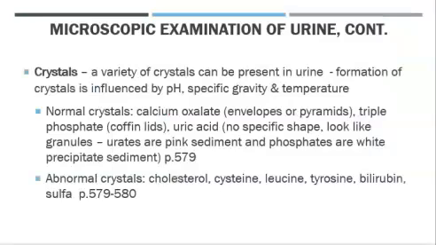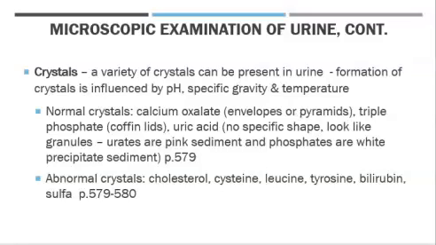Okay, also in the microscopic examination of urine, you can have crystals, and we saw an example of what a calcium oxalate crystal looks like in one of the previous slides, but different varieties of crystals can be present in the urine. Crystal formation is influenced by things like the pH of urine, the specific gravity of urine, and also the temperature of urine.